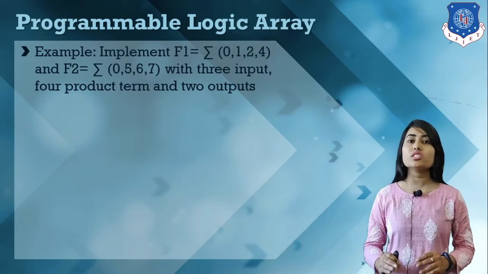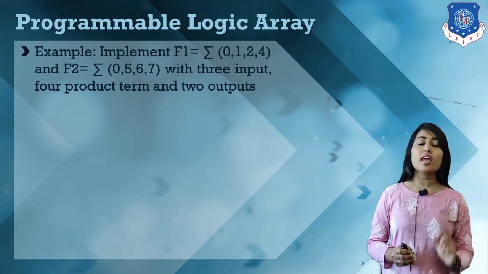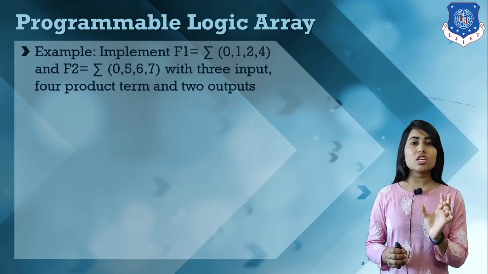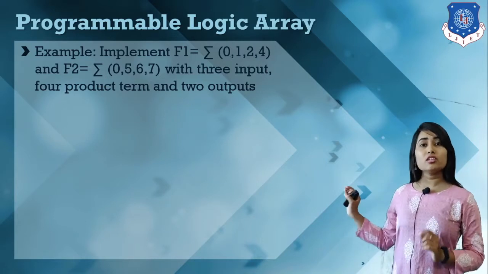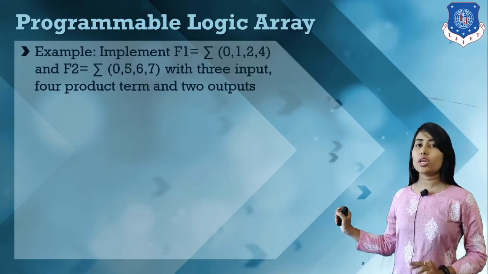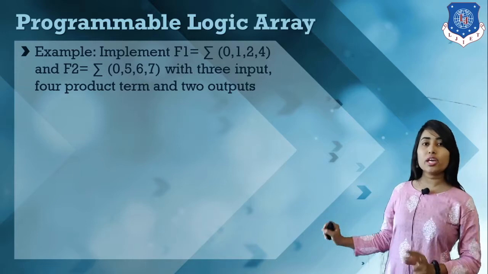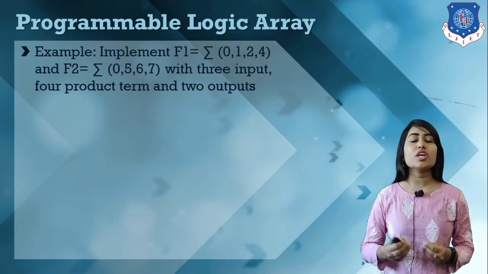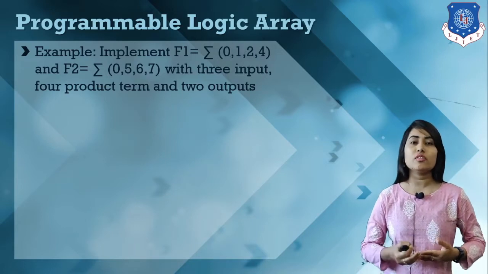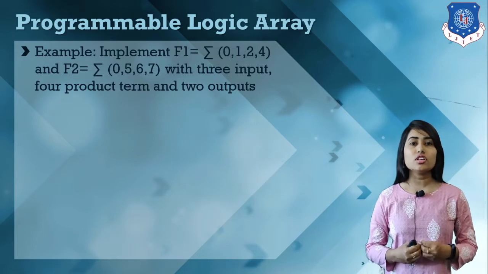We want to implement F1 and F2 with a PLA, with the specification of 3 inputs, 4 product terms and 2 outputs. Yes, we can implement this with 3 inputs. Here we use A, B, C.